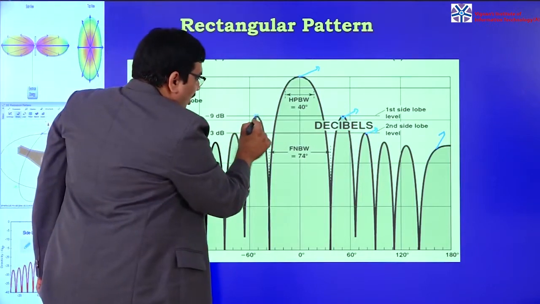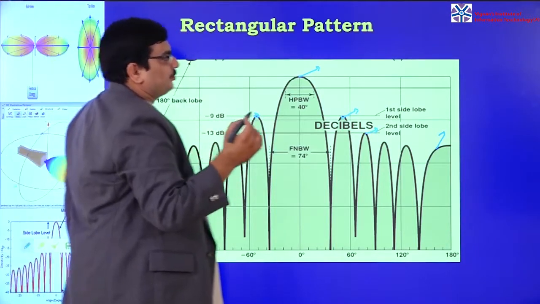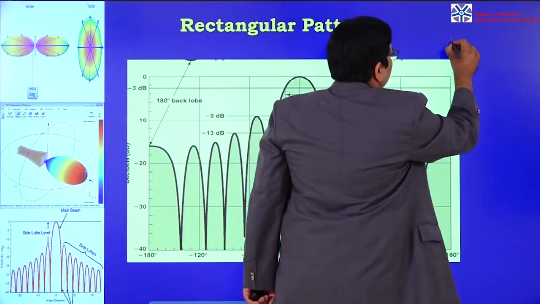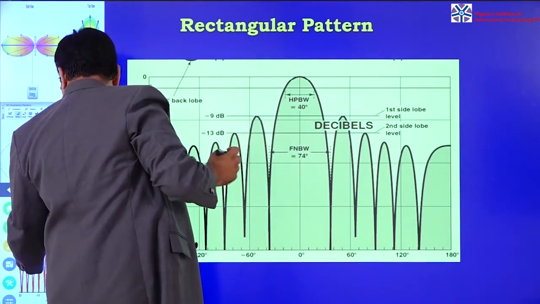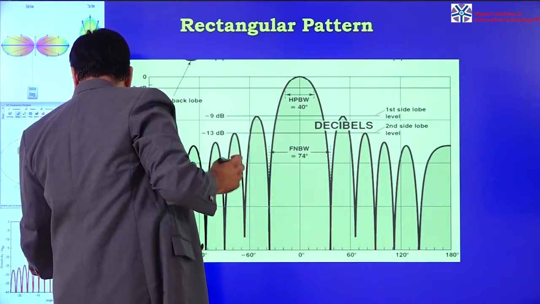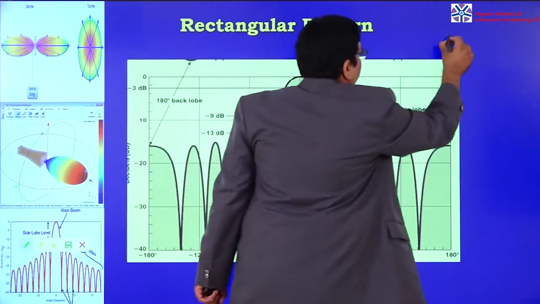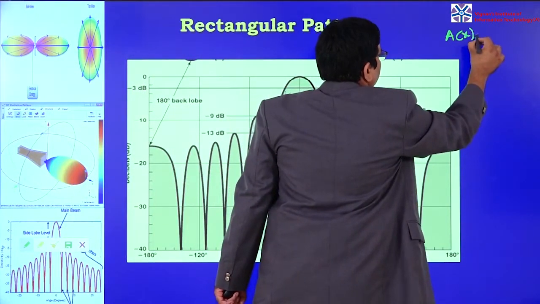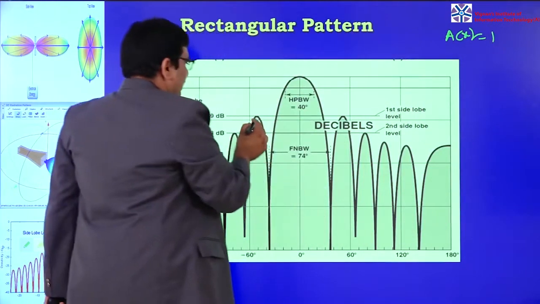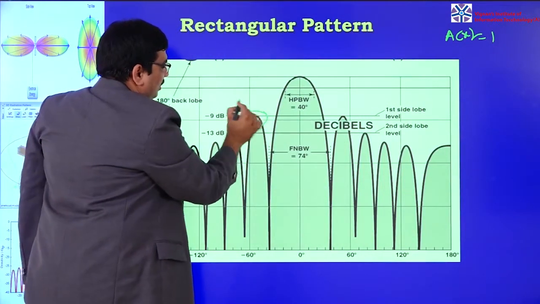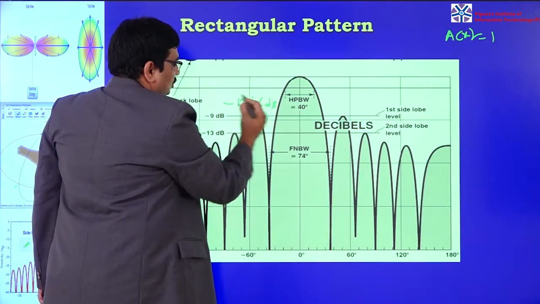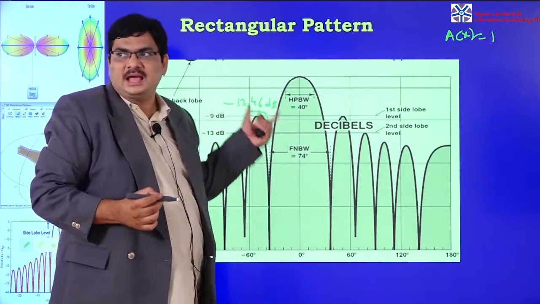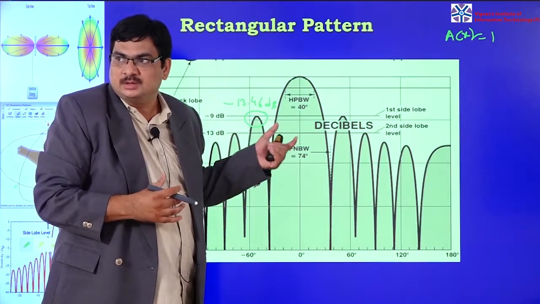So, for uniform distribution, if A of x equals 1, then the first side lobe level of your pattern will be minus 13.46 dB, which is very high in terms of radiation.